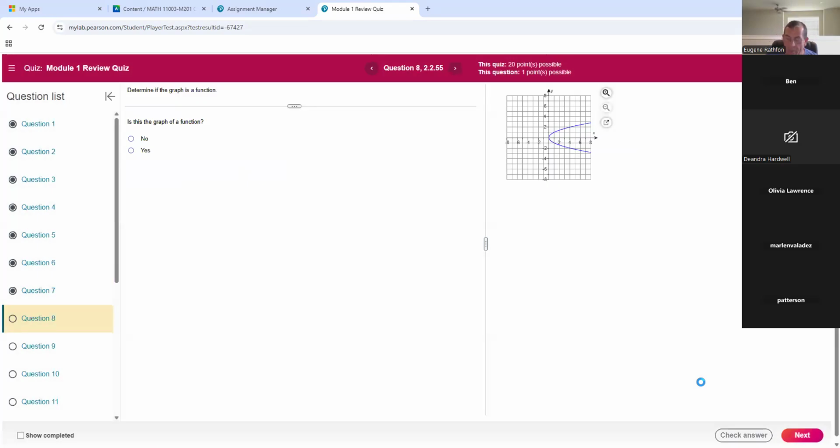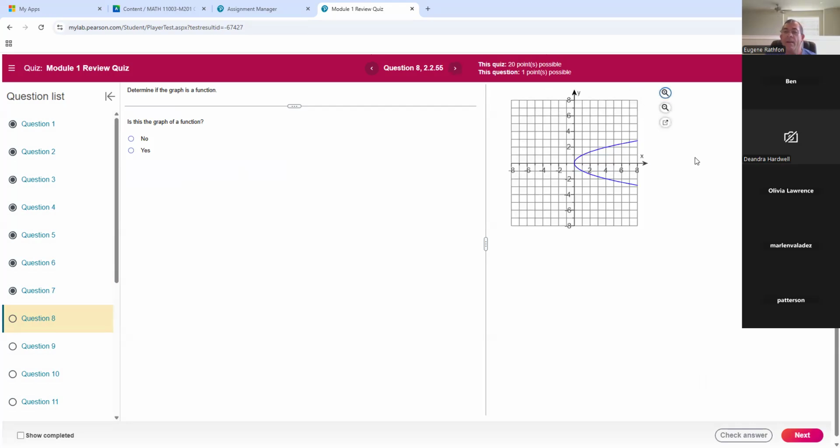Hey, y'all, so this one's on y'all. Let me make this a little bigger for you. Is this graph a function? Now, if it's a function, it has to pass the vertical line test. And the vertical line test says if a vertical line can intersect a graph more than once, it's not a function. So if you're throwing a vertical line on that, it's going to intersect the top of the graph and the bottom of the graph.